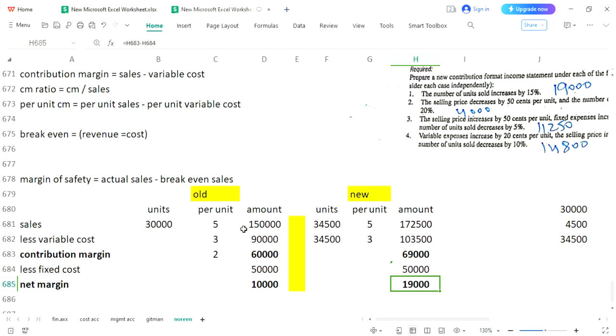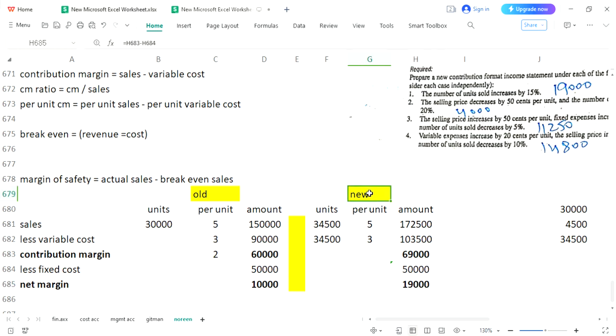If you increase your number of units sold, definitely there will be an increase in your profit as well. But the condition is that nothing else is to be changed. So we have increased our number of units, per unit is the same. With this, your level of income would be increased.